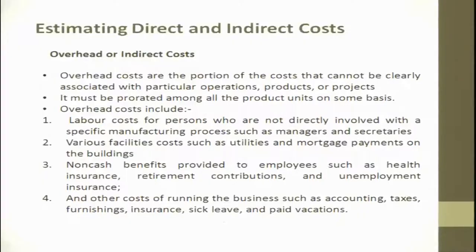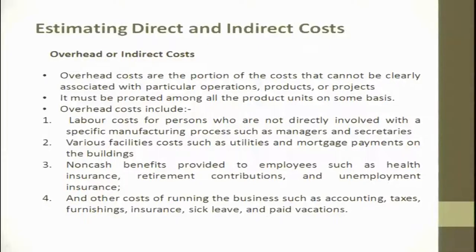Now we will see what the indirect costs are. The overhead cost or indirect cost is the portion of the cost that cannot be clearly associated with a particular operation, product or project. It may be prorated among all the product units on the same basis.